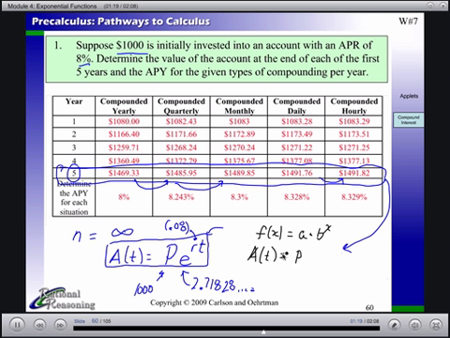P, the initial value of our money. If the input is x, what's our input here? T. Then what is b like? b is e to the r.